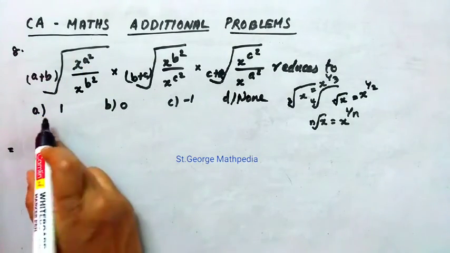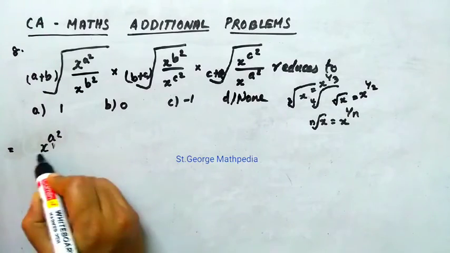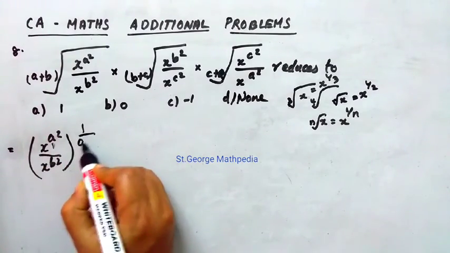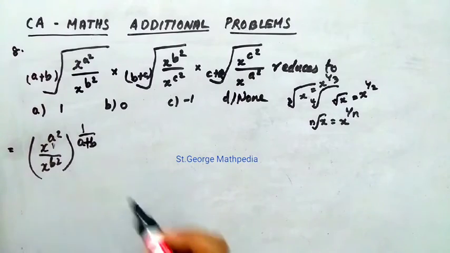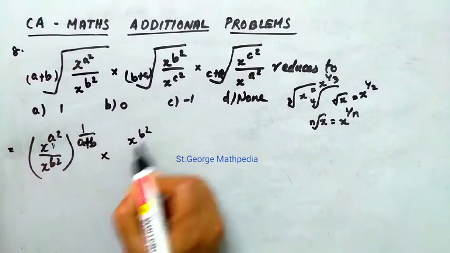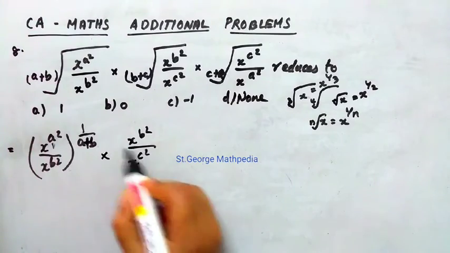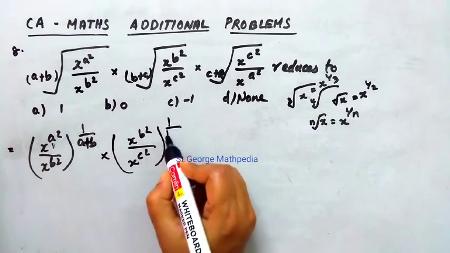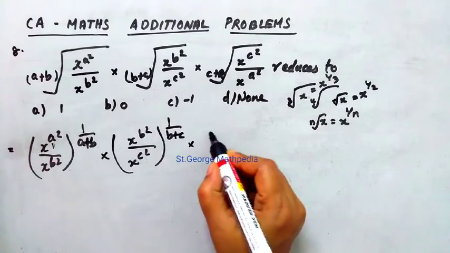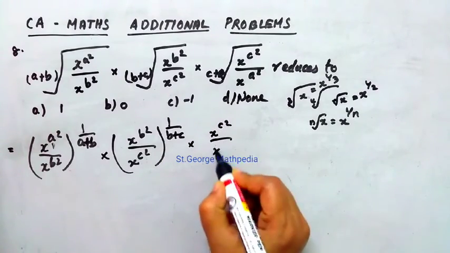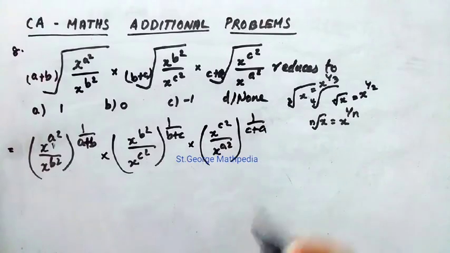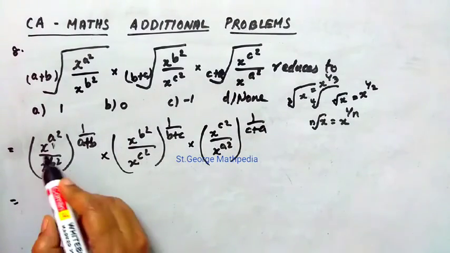So you can write this as (x^(a squared) by x^(b squared)) to the power 1 by a plus b. Similarly here, (x^(b squared) by x^(c squared)) to the power 1 by b plus c, into (x^(c squared) by x^(a squared)) to the power 1 by c plus a.